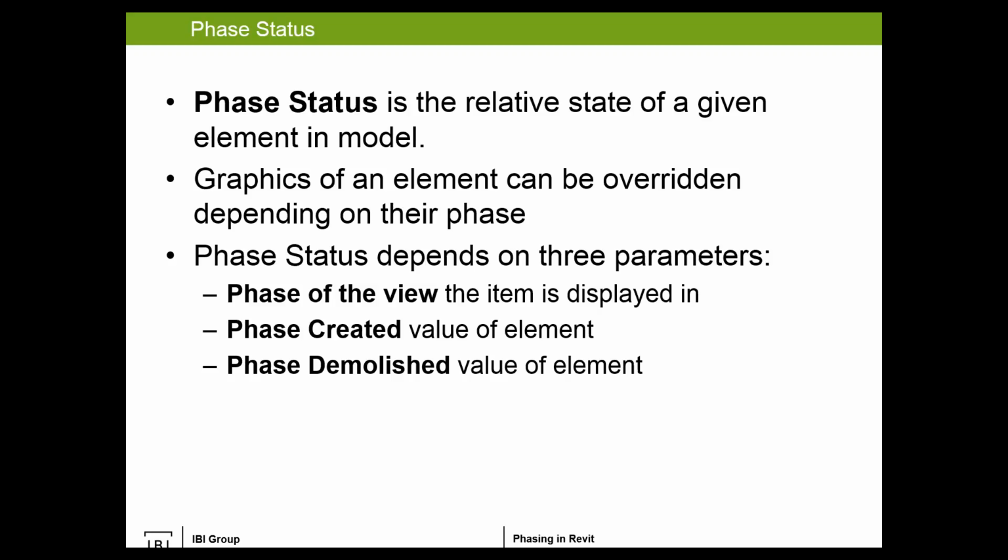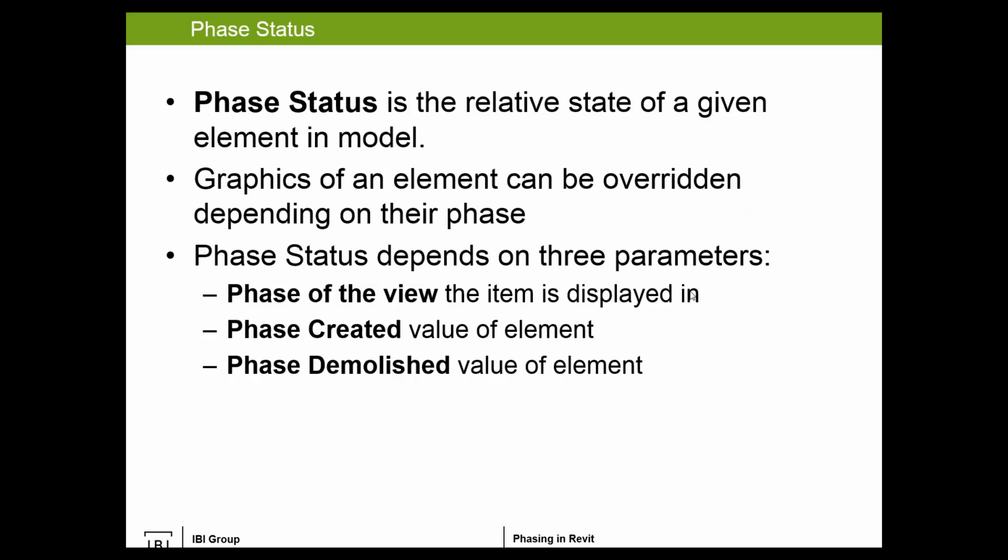So 5 is the latest phase and 1 is the first phase. And if you have your items created in phase 1, in phase 2, because we're in the future, any items you created in phase 1 will be treated as existing. So it's that sort of relationship that's determining all these graphic overrides.